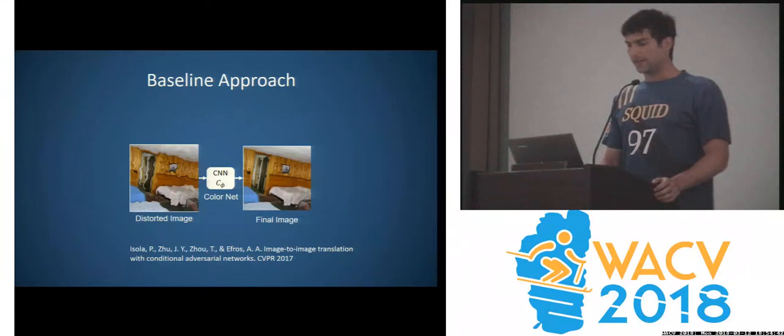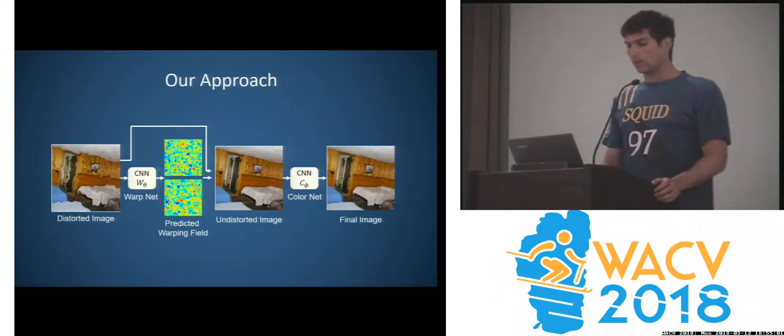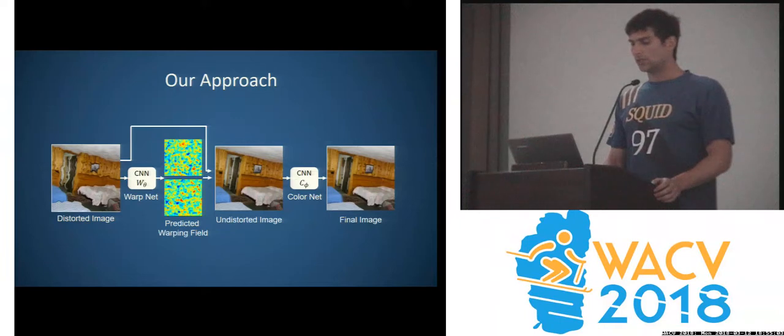As a baseline naive approach, we could just apply the image-to-image translation framework of Isola et al. However, when we did this, we found that it wasn't able to handle the large geometric distortions that occur in this case. So instead, we chose to train a two-stage network. First, we have a warp net that takes in the distorted image and outputs a two-channel warping field.